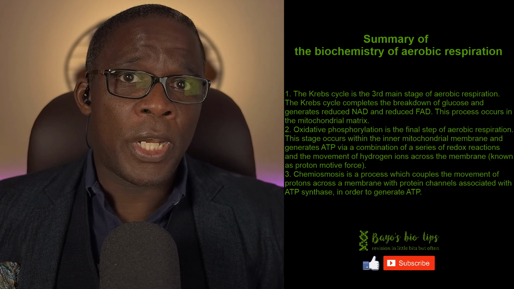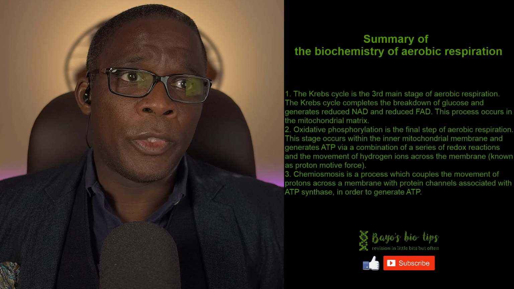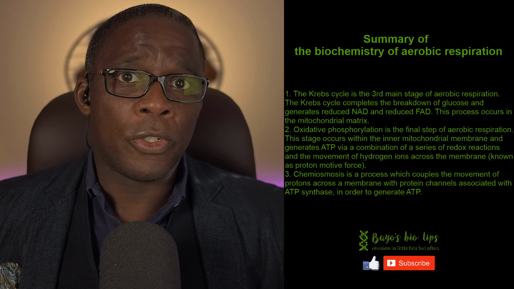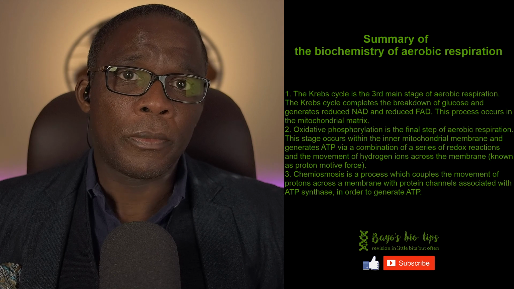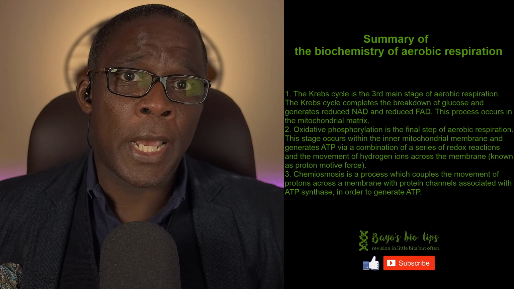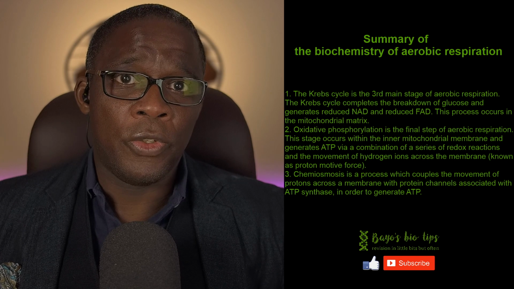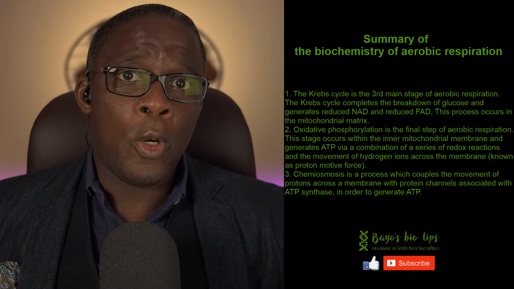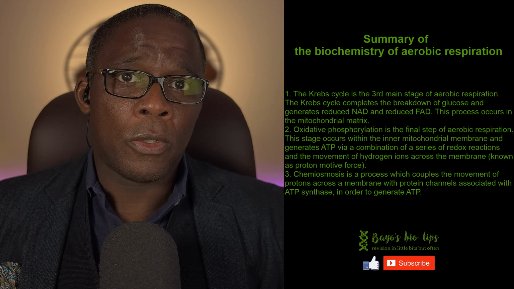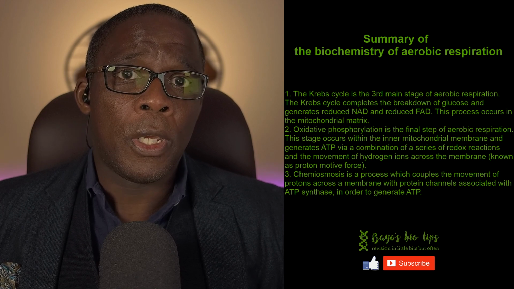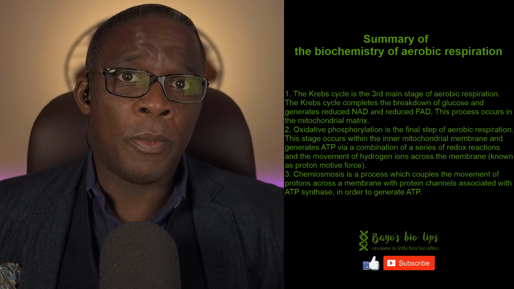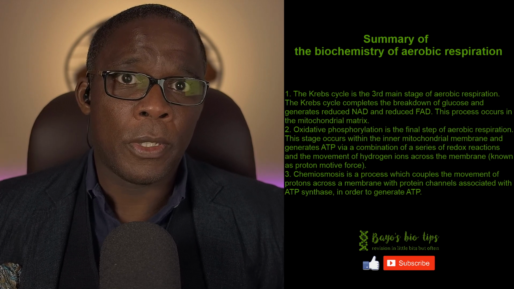That also generates a differential in terms of the proton concentration on either side of the membrane. And so because there's now a concentration gradient generated across the membrane, the openings, the stalked particles or proteins in those membranes, will then allow the hydrogens to flow across the membrane by osmosis, chemiosmosis.